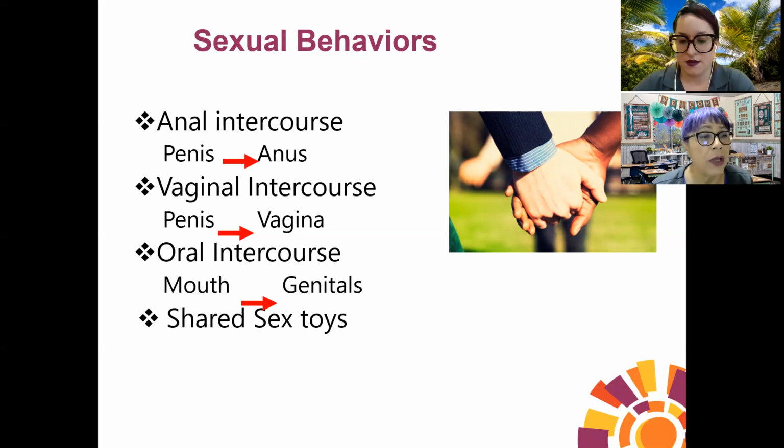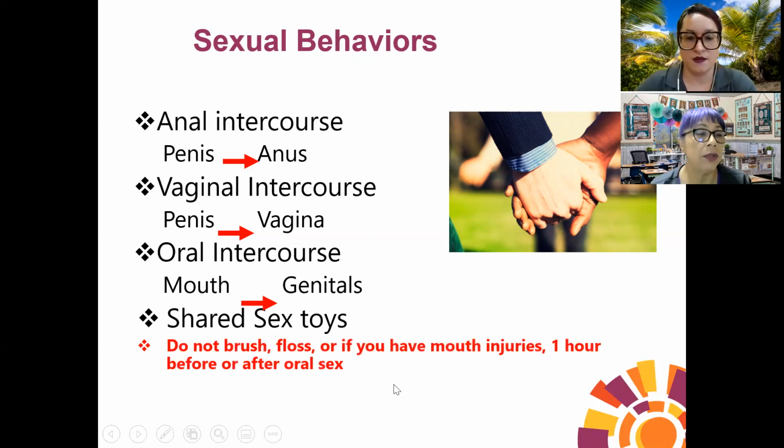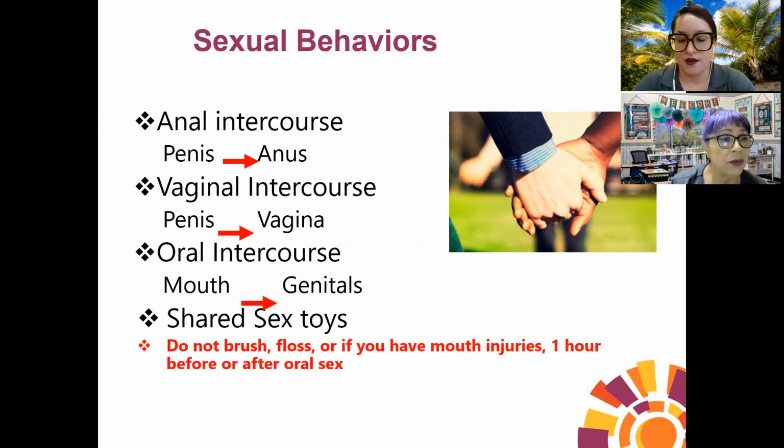And also, of course, sex toys. It's really important that you read the manufacturer's instructions on how to clean them, because we don't want them to be infectious, especially if they've been used on other people. So what we say is don't brush, floss, or, if you have any mouth injuries, do not practice oral sex an hour before or after. So let's look at the next frame.